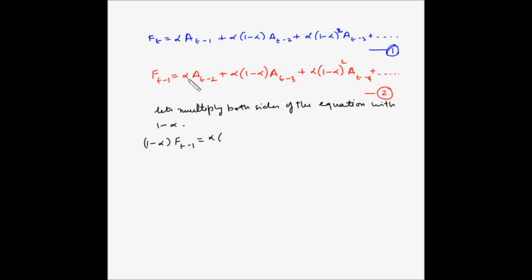Now here I'm multiplying this with 1 minus alpha. (1 minus alpha) multiplied by A(t minus 2) plus, now since we are multiplying the whole of right side with 1 minus alpha, every expression will get 1 minus alpha. So this will become (1 minus alpha) square. So alpha multiplied by (1 minus alpha) square A(t minus 3) and so on. Let's call this number 3.